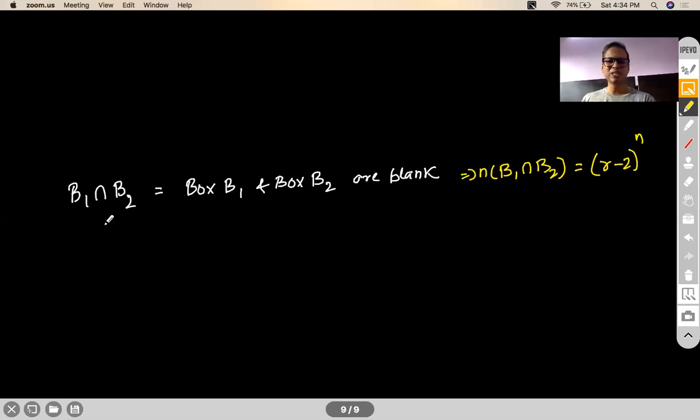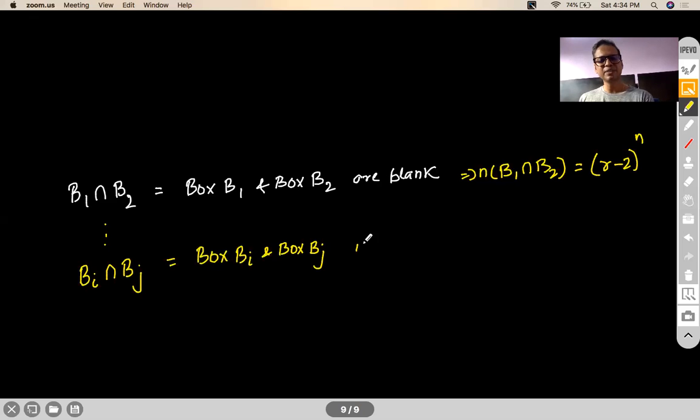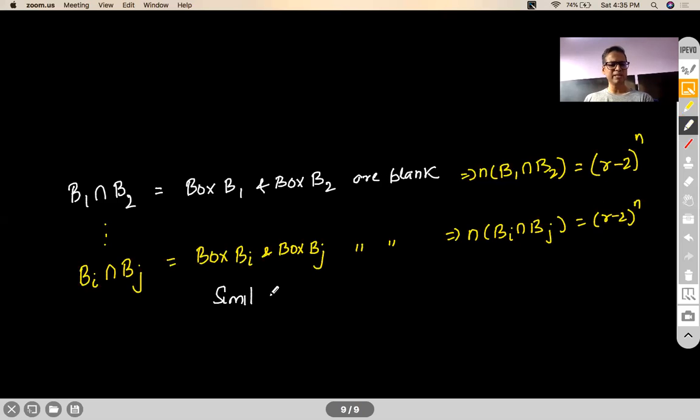Absolutely. So without wasting time, can I directly conclude that if any two boxes Bi and Bj are blank, then the number of ways to do that would be (r minus 2) to the power n. And similarly, I'm not going to waste a lot of time over here.